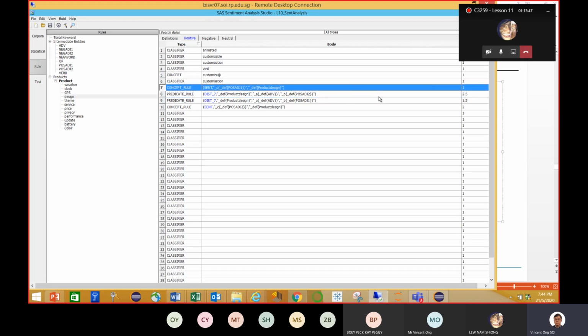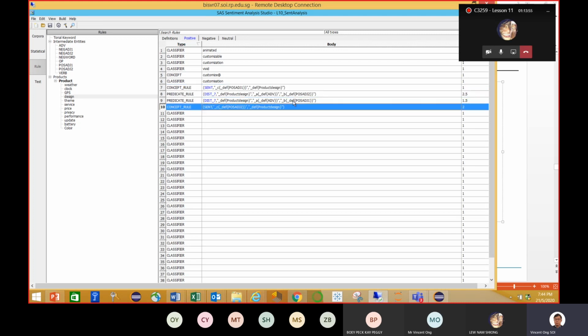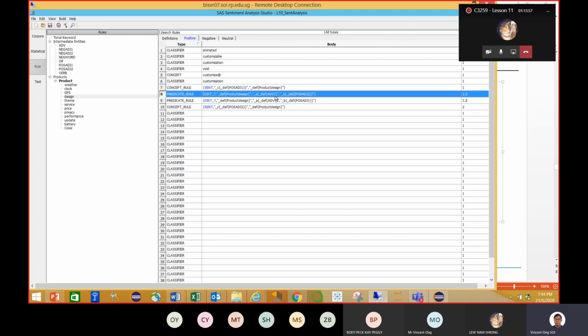Like this rule, called the predicate rule, I set to 2.5 because I feel that if I get this pattern, it is quite significant for the document, for the analysis. So again, it depends very much on judgment. Of course, as I mentioned many times, the business domain knowledge will come in.